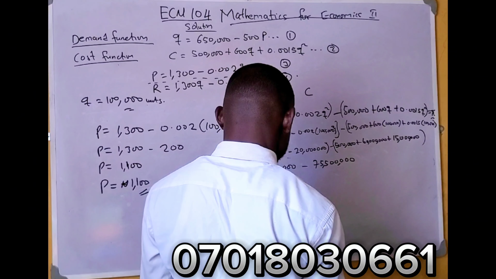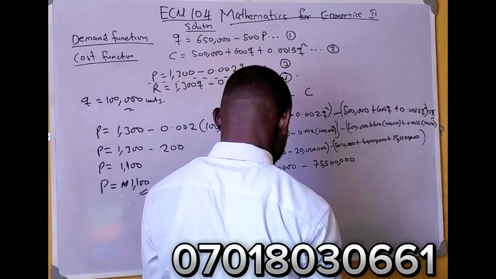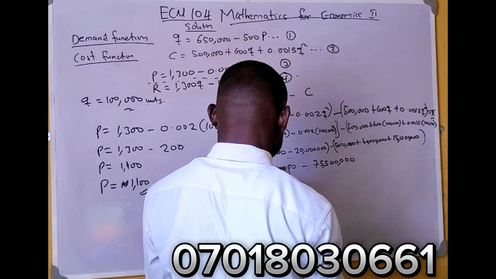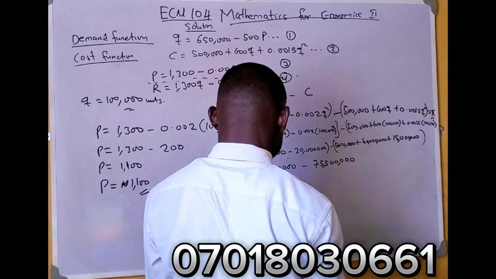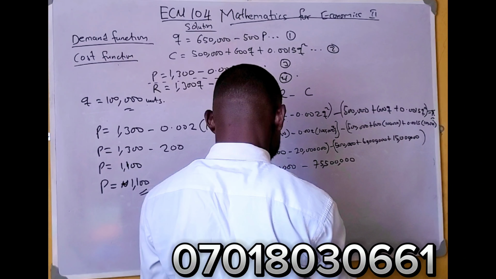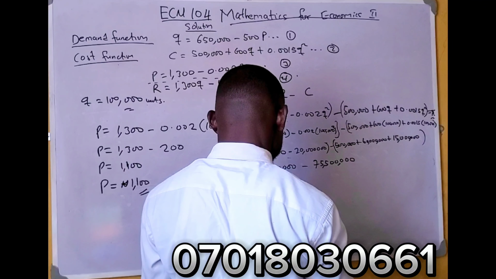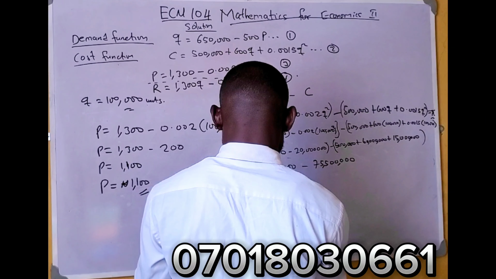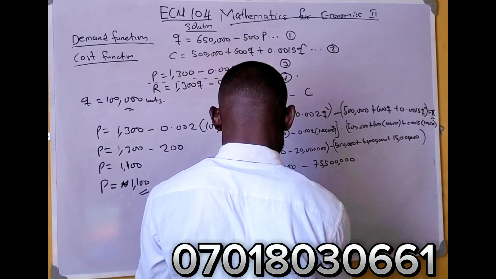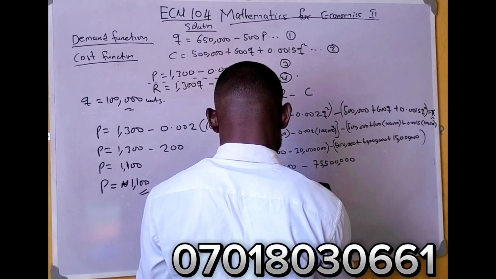This 75,500,000 minus 110,000,000. Our profit will be 34,500,000.